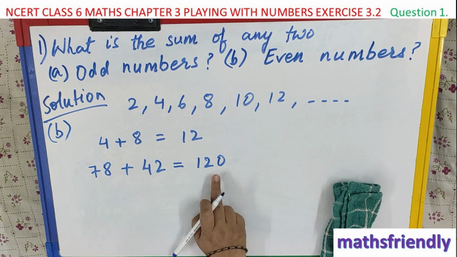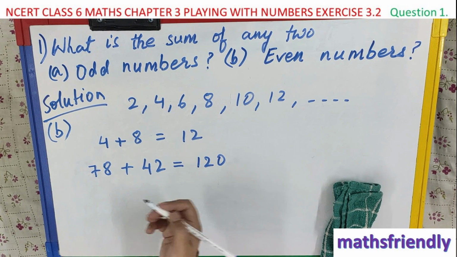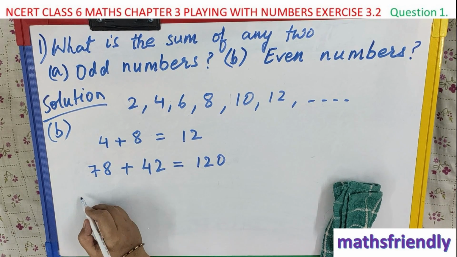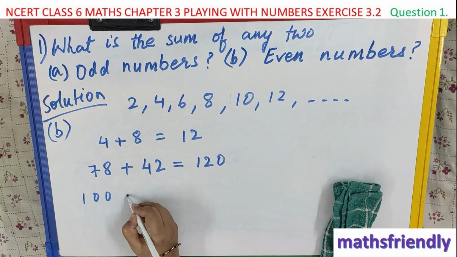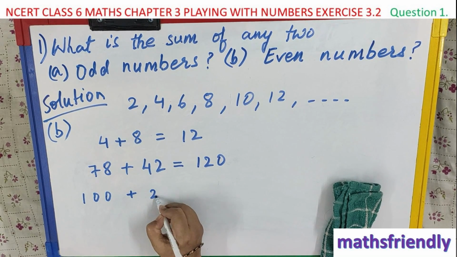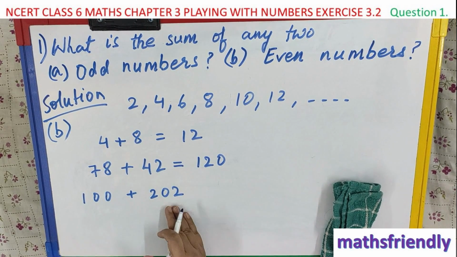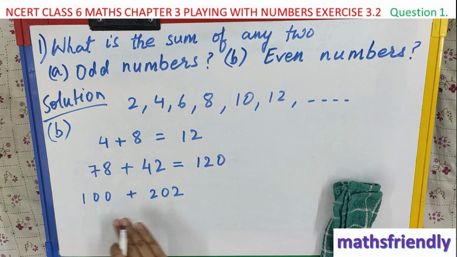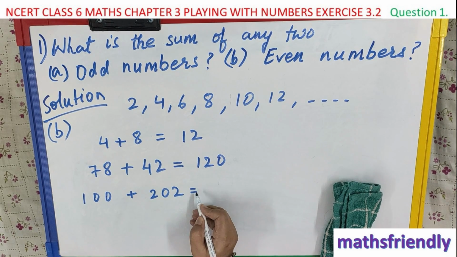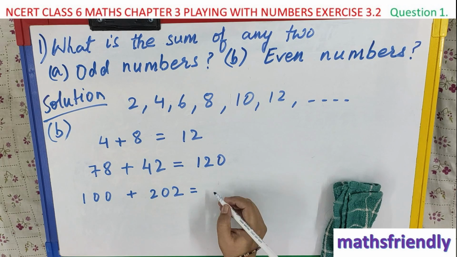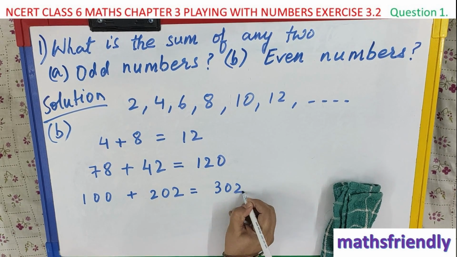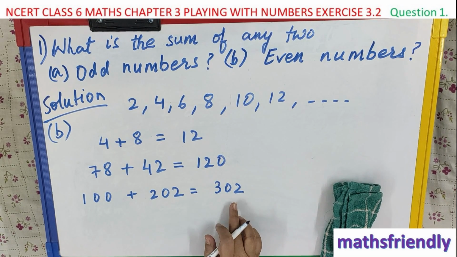Now let us take one more example. 100 plus 202. These two are even numbers because they are divisible by 2. If we find the sum of these two numbers, we will get 302. This is also an even number because it is divisible by 2.